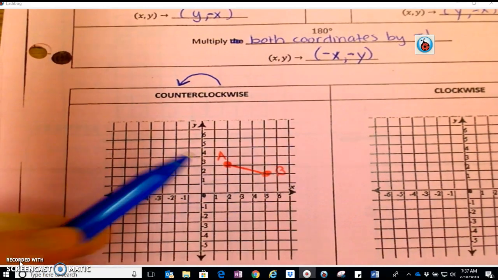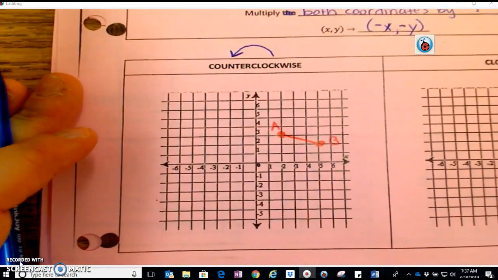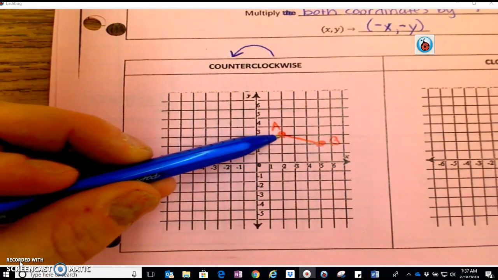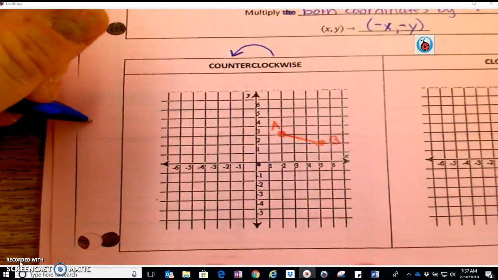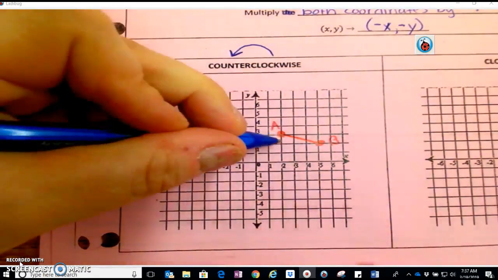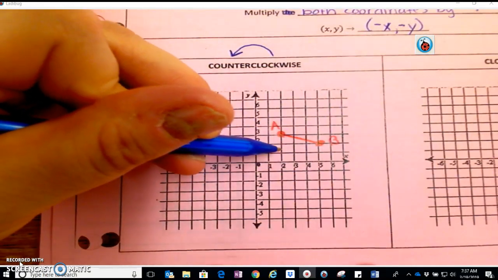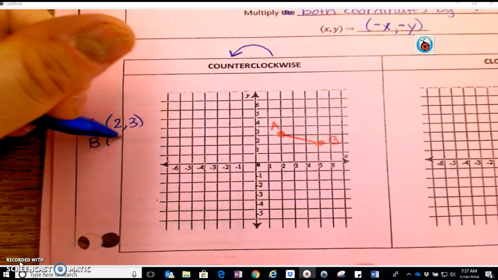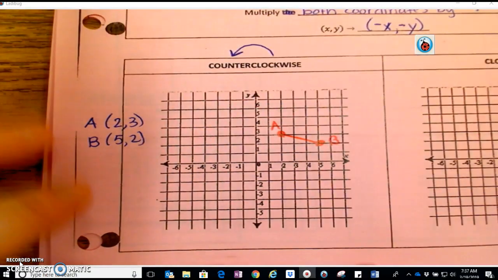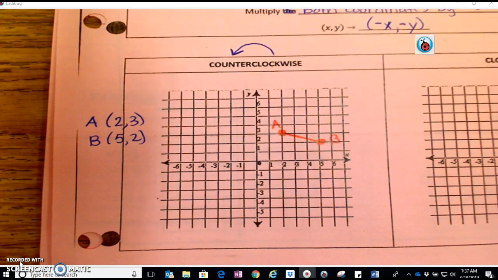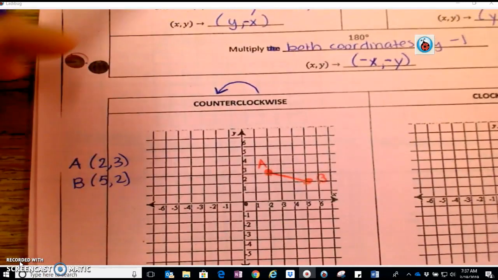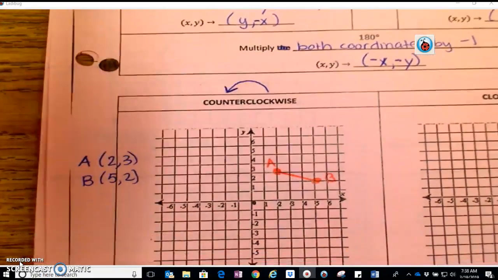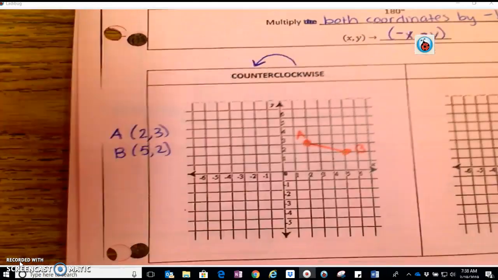Okay, so when you're going to rotate on a coordinate plane, the best piece of advice I can give you is to write down the original coordinates, 2, 3 and 5, 2. And I would actually apply the rule. You have to remember that with 90 degrees or a 270, the X and the Y are always going to switch. So that's the first thing.